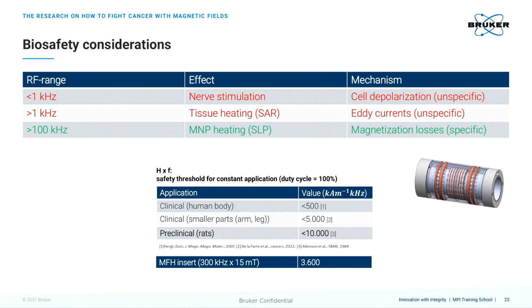And this, again, is not related at all to the effect which we want to achieve. Okay, this is without any effect of the tracer material. This is just a multiplication of the applied external magnetic field multiplied with the frequency used.